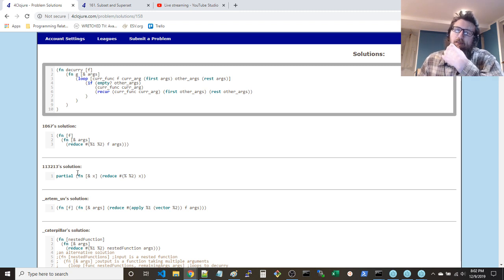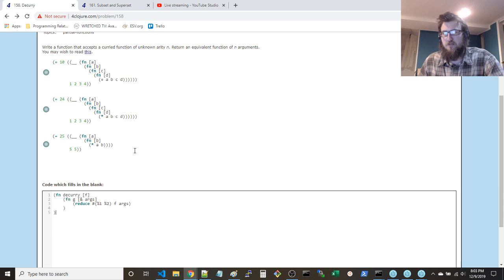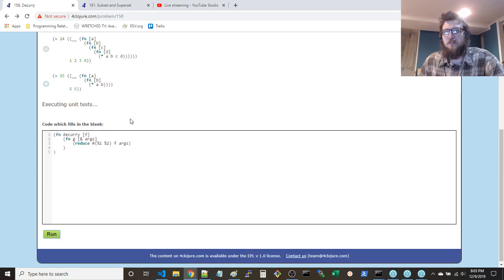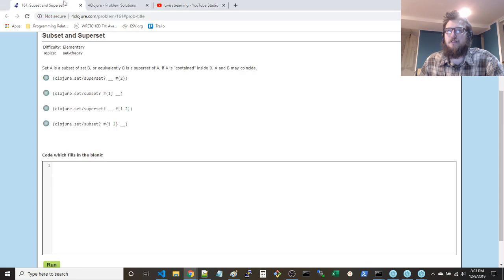Oh, look at that. That's an interesting solution. Hold on. I prefer this one. I think this makes it a little easier to understand. The partial thing that he's got going on there is a little bit confusing.